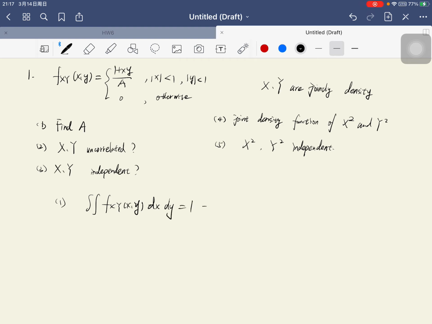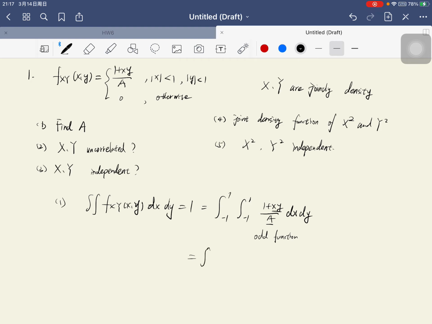It is the integral of x from -1 to 1 and y from -1 to 1 of the density function, 1 plus xy over a, dx dy. The xy over a term is an odd function, so its integral is equal to 0.